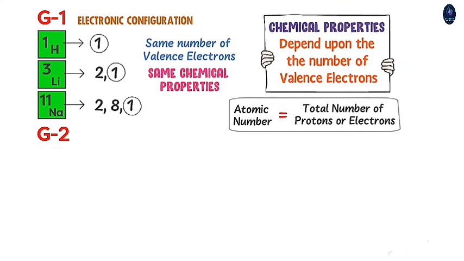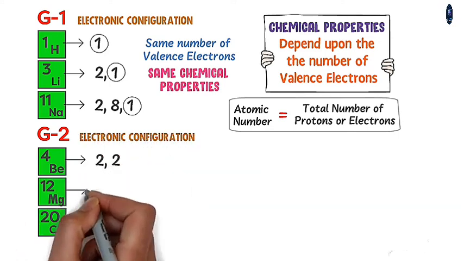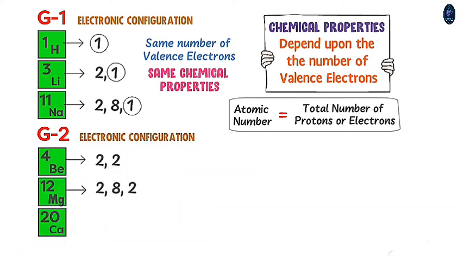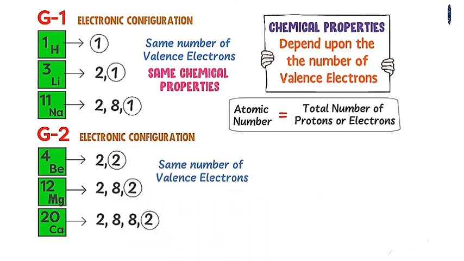Secondly, consider the group 2 elements like beryllium, magnesium and calcium. The atomic number of beryllium is 4, the atomic number of magnesium is 12 and the atomic number of calcium is 20. The electronic configuration of magnesium is 2,8,2 and the electronic configuration of calcium is 2,8,8,2. We can see that these three elements have the same number of electrons, or 2 electrons, in the outermost shell.